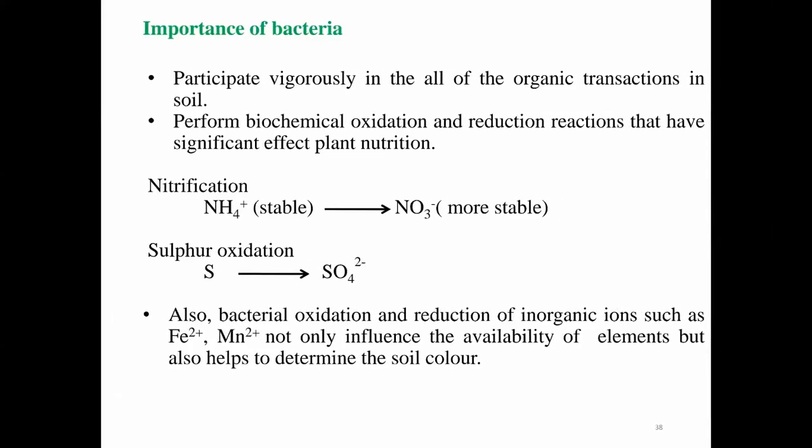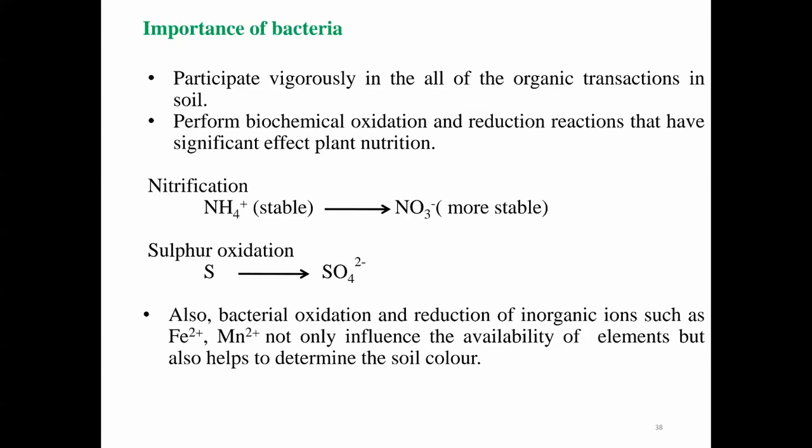The importance of bacteria: they participate vigorously in all of the organic transactions in the soil, and perform biochemical oxidation and reduction reactions that have significant effect on plant nutrients. Under the nitrification reaction, the ammonium ion is converted into the nitrate ion.